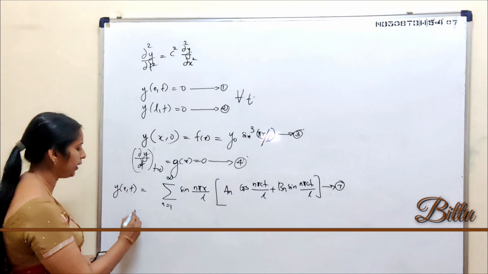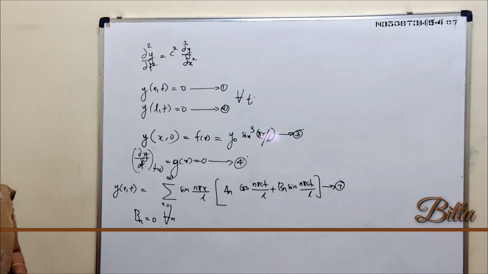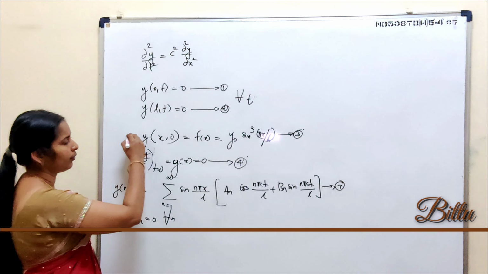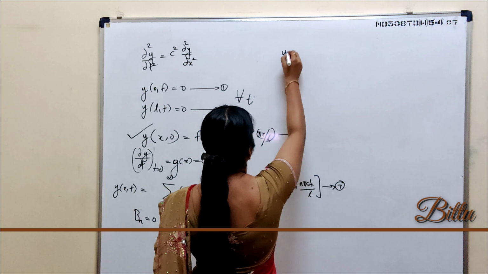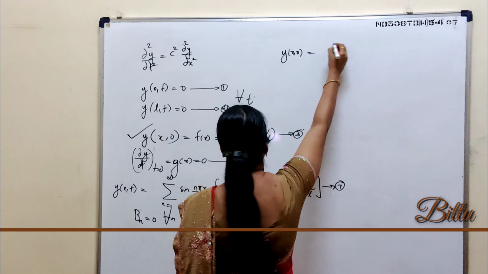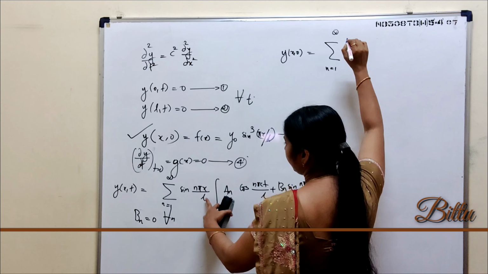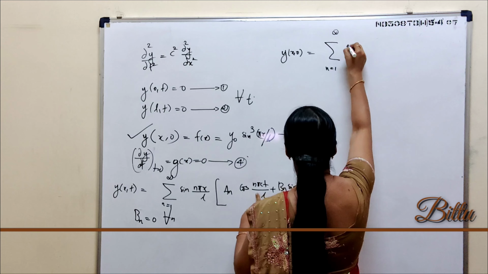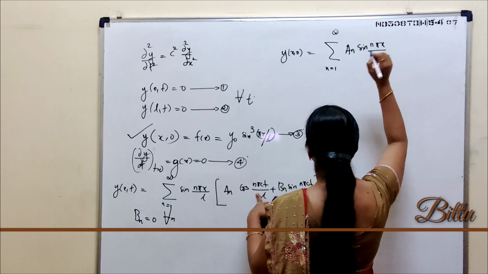So here also bn equal to 0 for every n. Next we have to find an. For that we have to use equation number 3. For that we have to write y of x,0. What is y of x,0? Sigma n 1 to infinity, you put t equal to 0, so an sine n pi x by L.